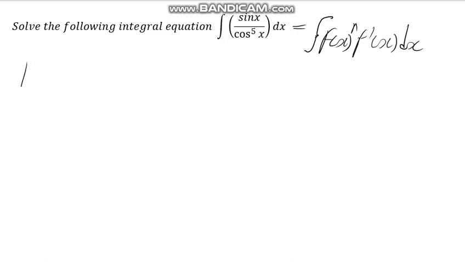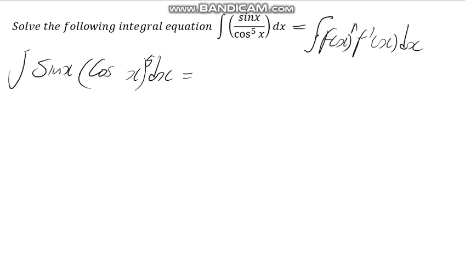So your f of x, if you change it in that format, now you'll have integration of sine x times cos 5x dx. Okay, then remember this one, you can always write it in this form. You can just write it as to the power of 5.